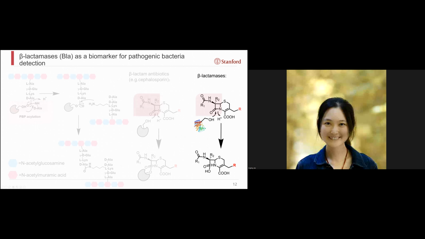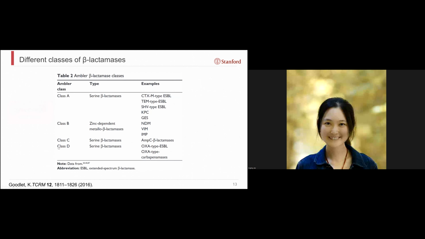So over the past few decades, there's been a war between the bacteria and human beings. Humans have been able to develop different antibiotics that cannot be hydrolyzed by the beta-lactamases. But bacteria, on the other hand, also develop a range of different beta-lactamases, as you can see in this table, to hydrolyze the antibiotics.